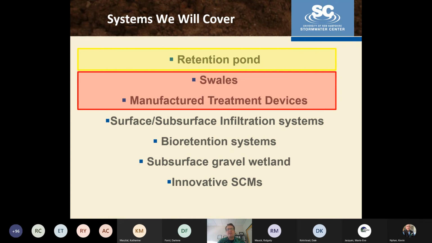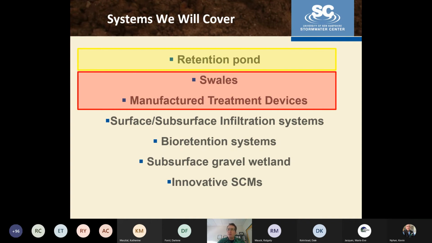Native soils are still very dependable to demobilize phosphorus. Phosphorus incorporates into mineral complexes and is not highly mobile. The two real caveats here with infiltration systems would be the dissolved pollutants of concern. So chloride, right? That chloride becomes an issue.